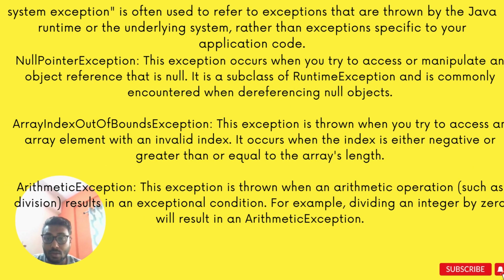Moving on, we proceed to system exceptions. What is a system exception? System exceptions are often used to refer to exceptions thrown by the Java runtime or the underlying system, rather than exceptions specific to application code.